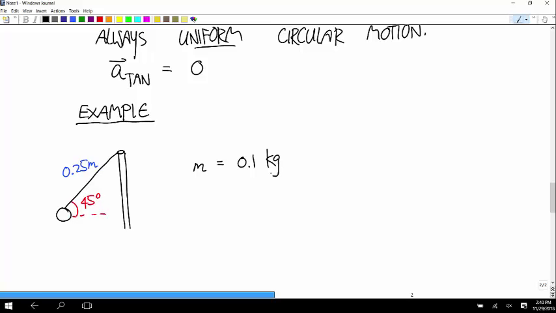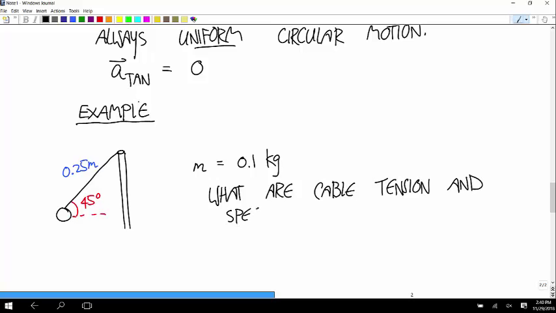And we want to know two things. What are the cable tension and the speed of the ball?